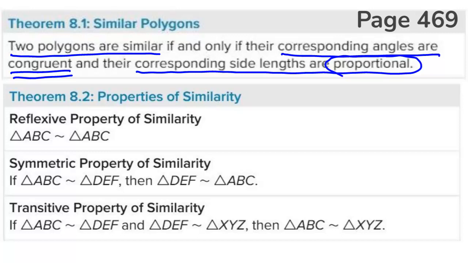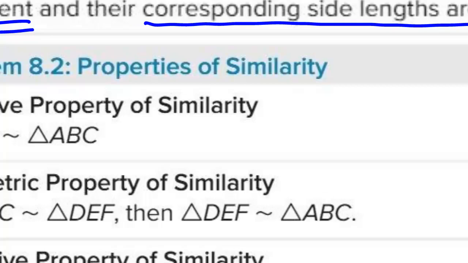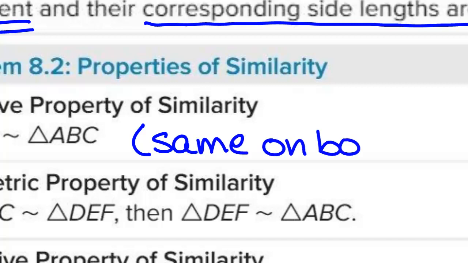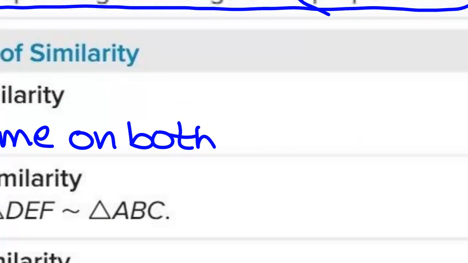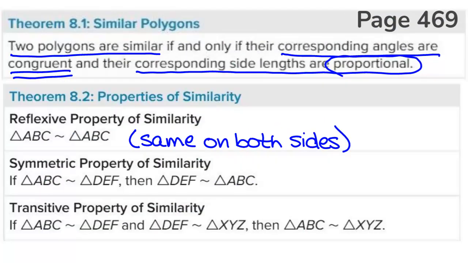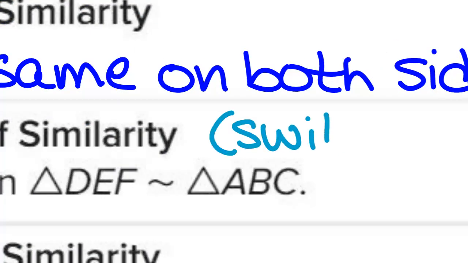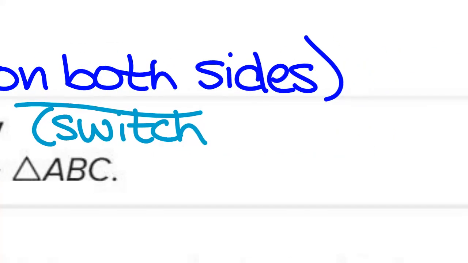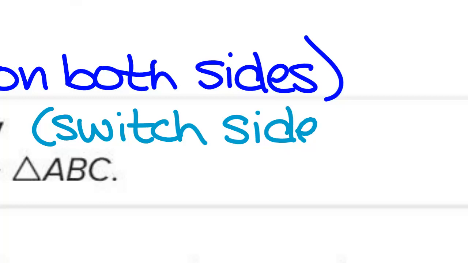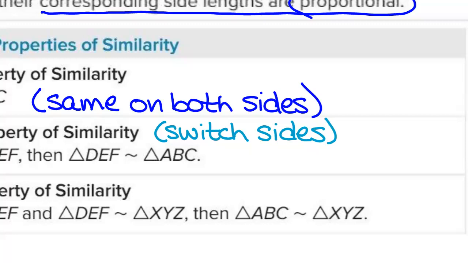And then we have three properties for similarity. We have the reflexive property of similarity, where it's the same on both sides. We have the symmetric property of similarity. With the symmetric property of similarity, we switch sides. And then we have the transitive property of similarity.